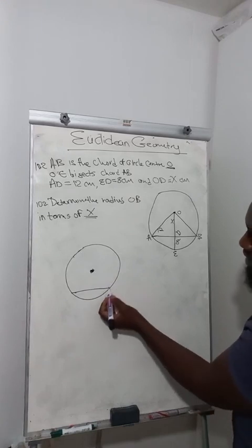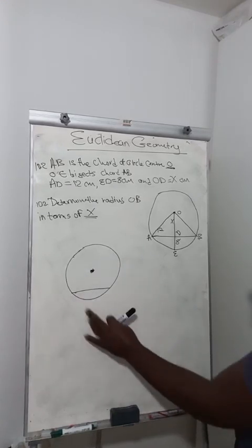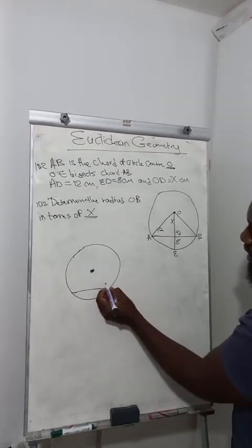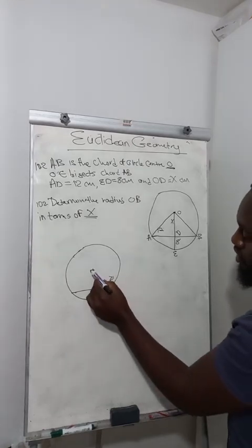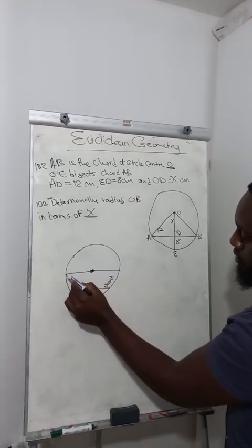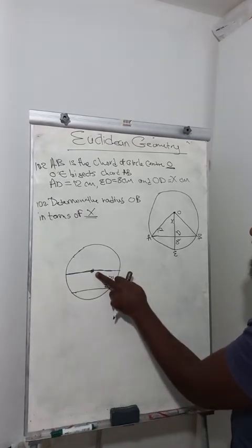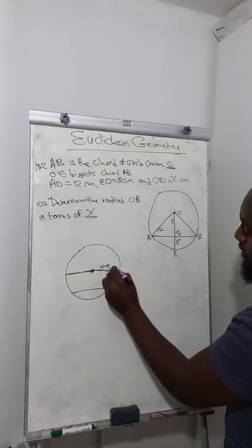If a line is just drawn anywhere around the circle, from one part of the circumference to the other part of the circumference, this is just a chord. But if something is drawn like this, a line from one side to the other side, passing through the center, this thing is a diameter.